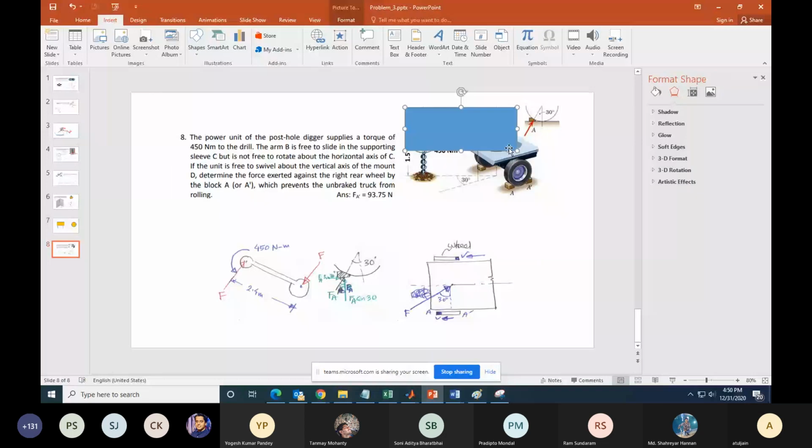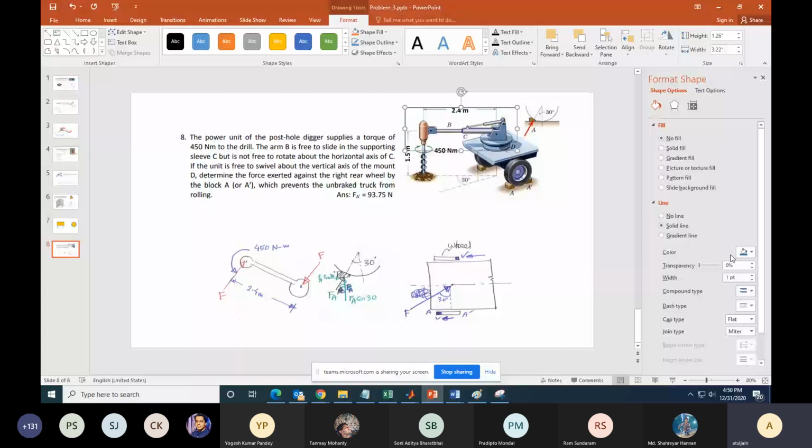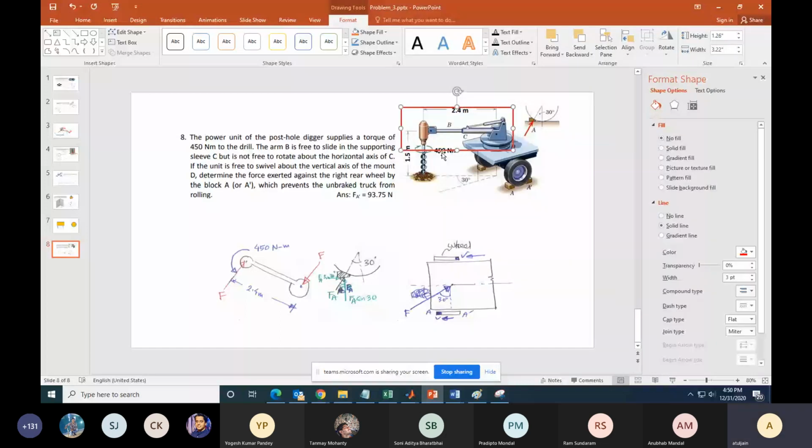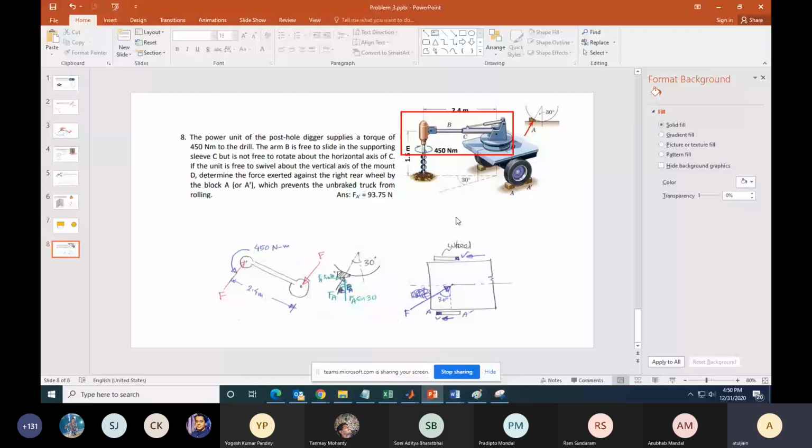Okay. Sir, which region, sir? I couldn't see your cursor. I'm drawing it. So only in this region. This red box you can see. Yes, sir. In this region, the free body diagram, if you look from the top, looks something like this.